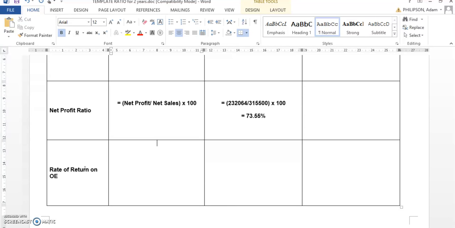Rate of return on owner's equity equals profit over average owner's equity.